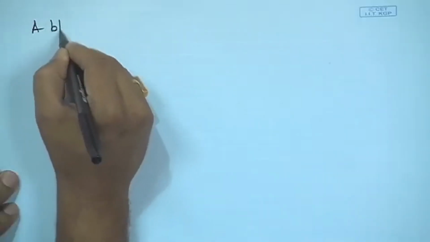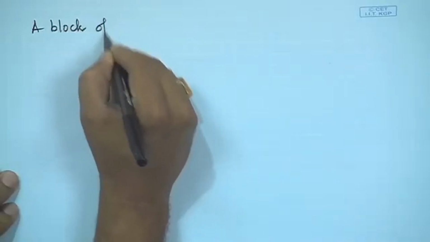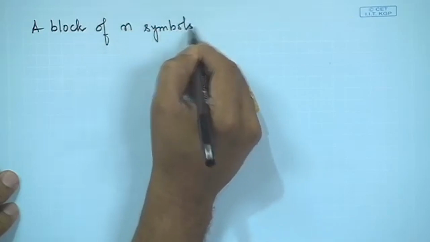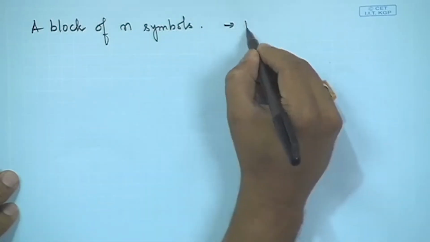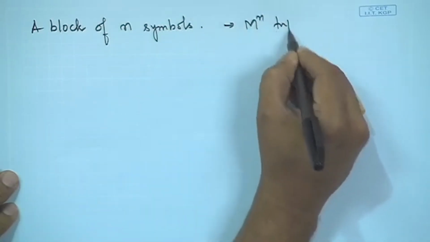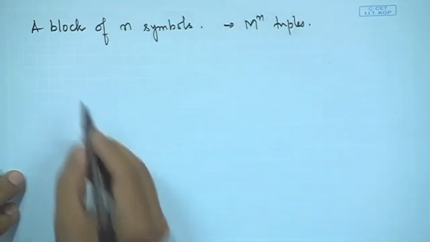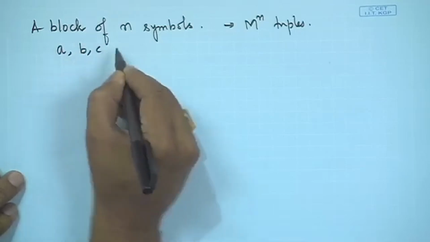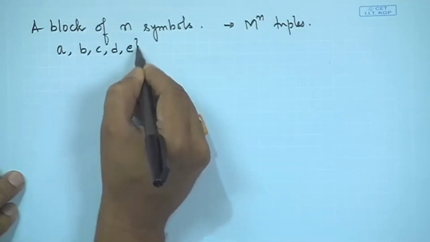So, at this point what we will consider is, let us say, that we have a block of n symbols. So, that means there are m to the power of n tuples. Earlier we said that let A, B, C, D, E be the set.